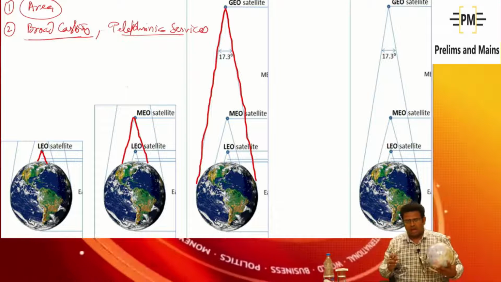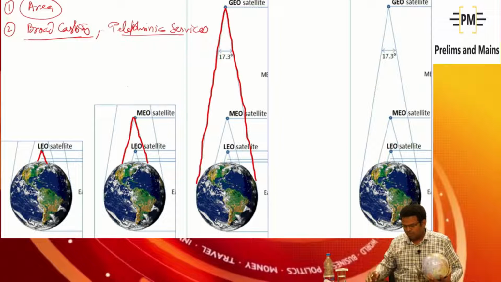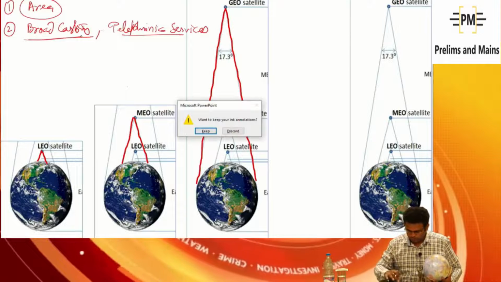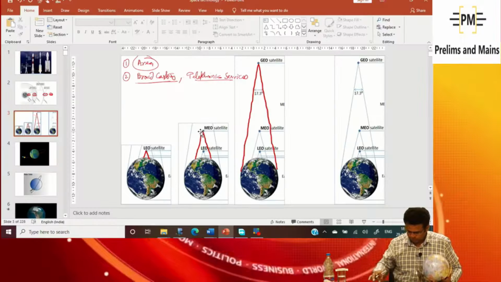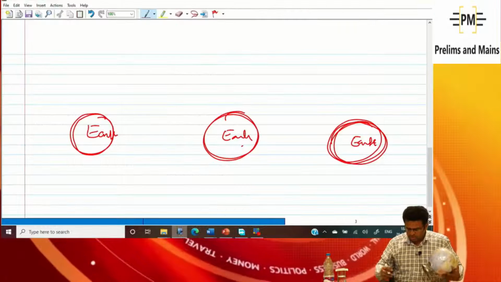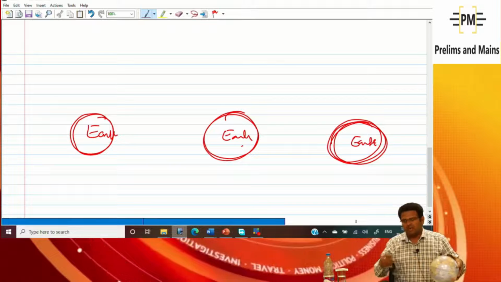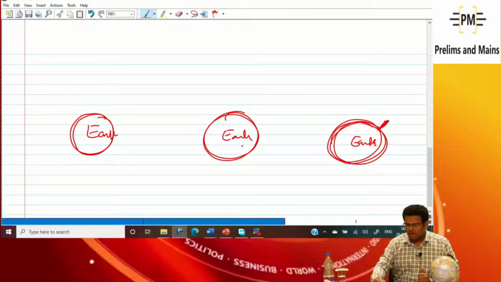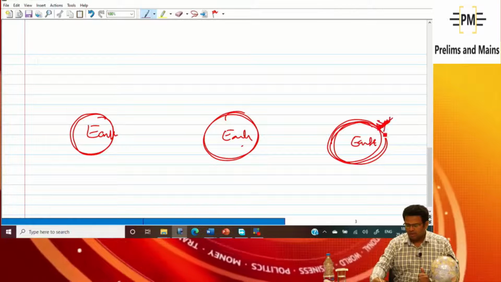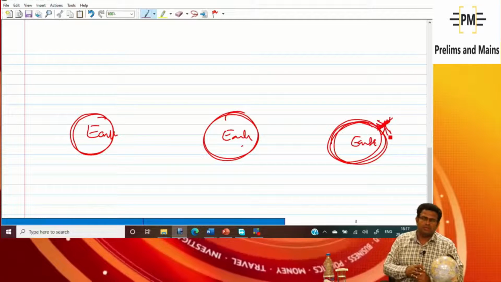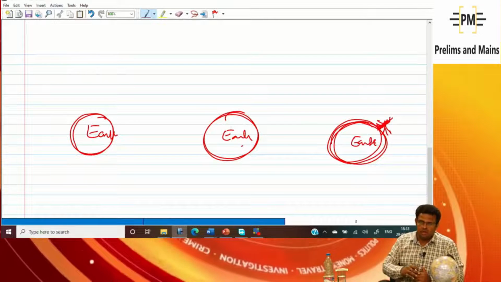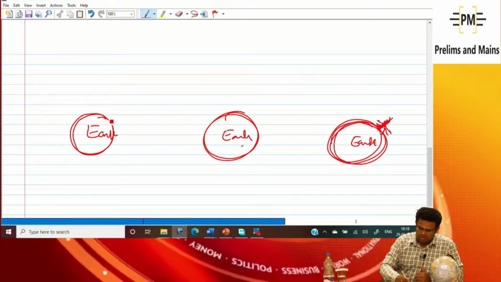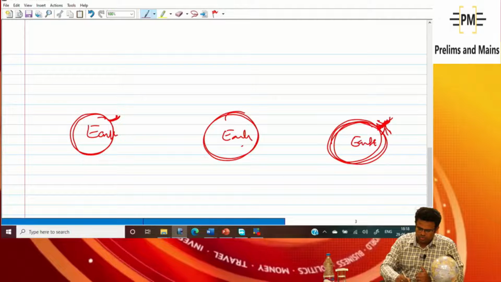So suppose I am utilizing a large antenna for sending, and a cricket match is taking place, suppose in the Chinnaswamy stadium, and from here I send the signal, and here it is also Chinnaswamy, suppose.